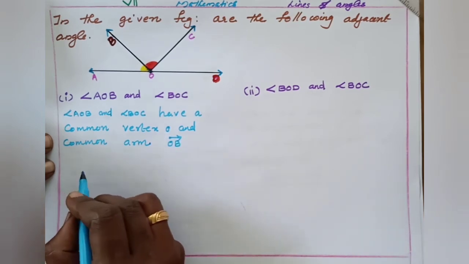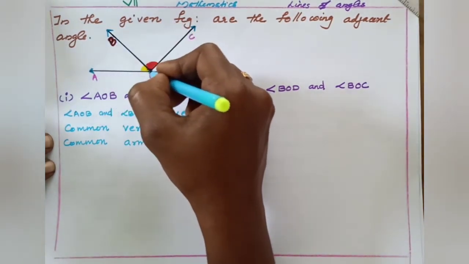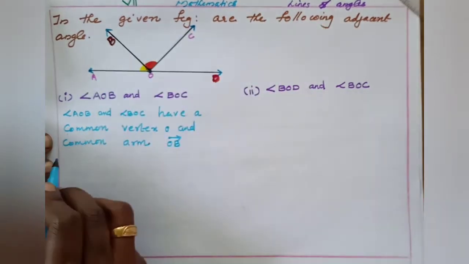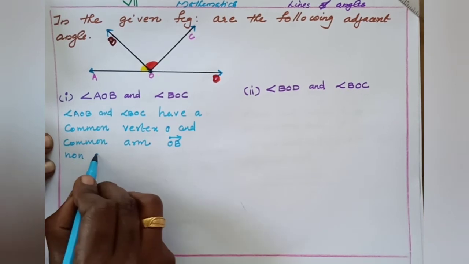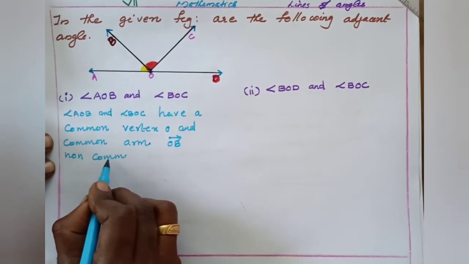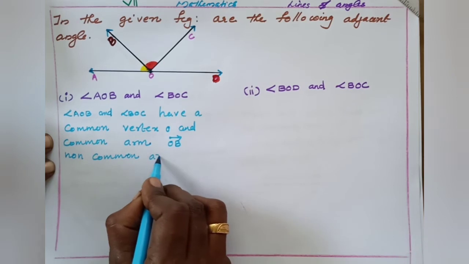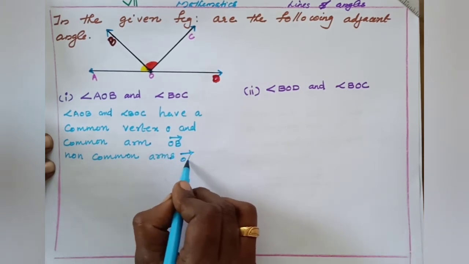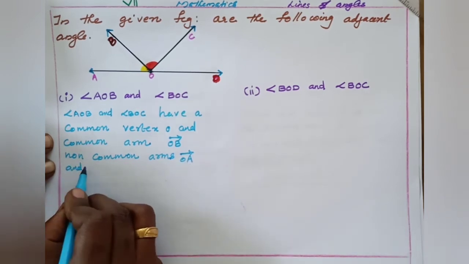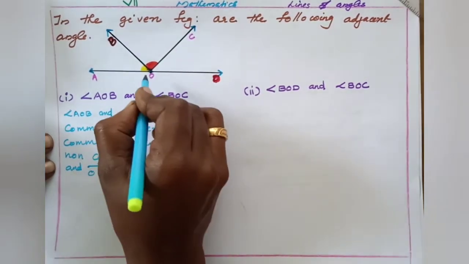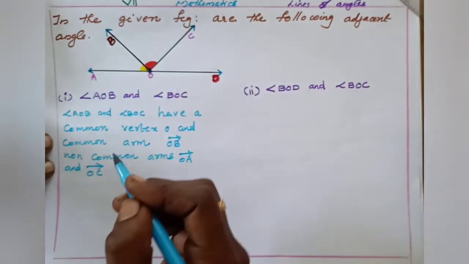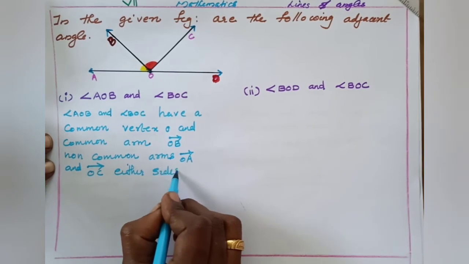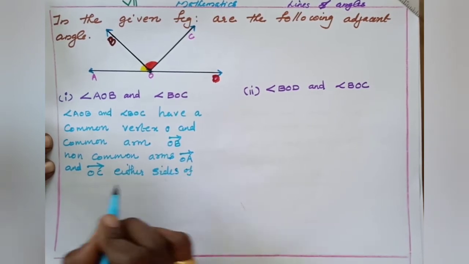Then the third condition, non-common arms are either side of the common arm. Non-common arms are ray OA and ray OC, either side of the common arm.